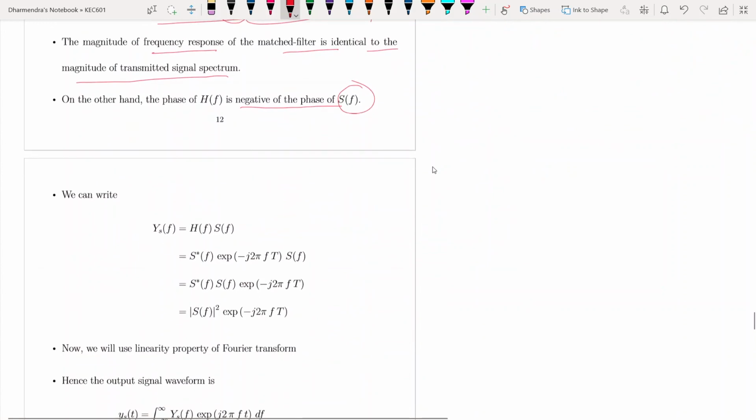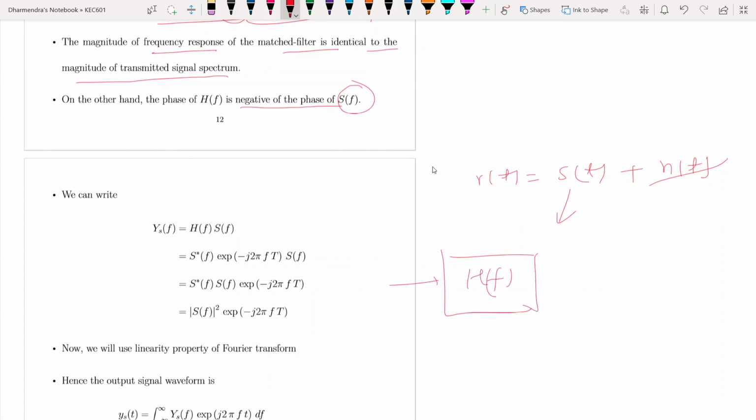So now we can write the output of this. We apply the linearity property, because your received signal will be the sum of two signals, S of t plus n of t. I will analyze them individually. Assume that the noise is absent. What is the response at the output of the matched filter corresponding to S of f?